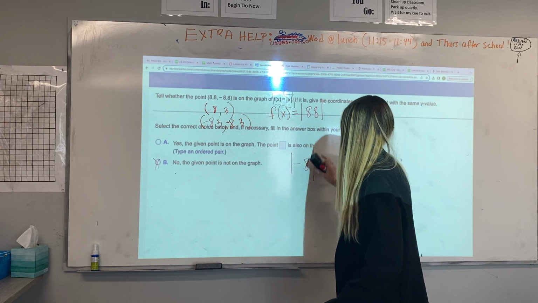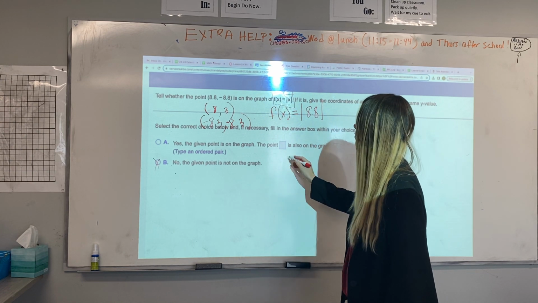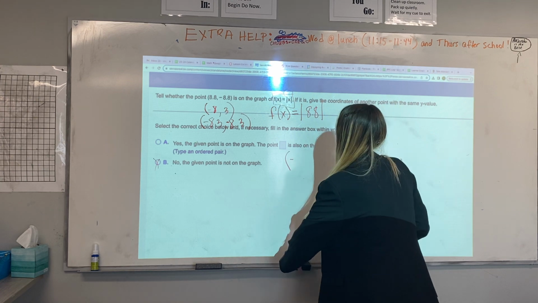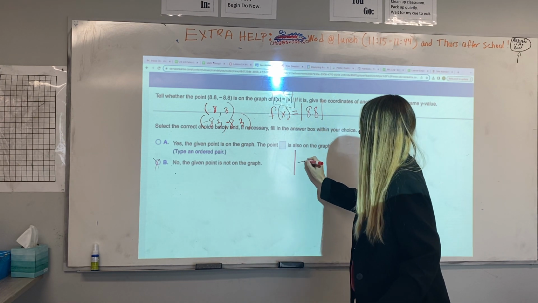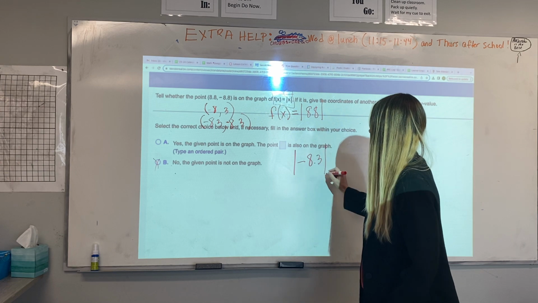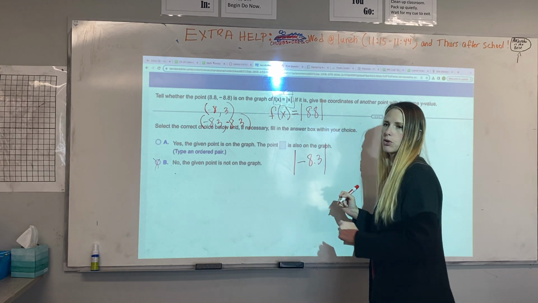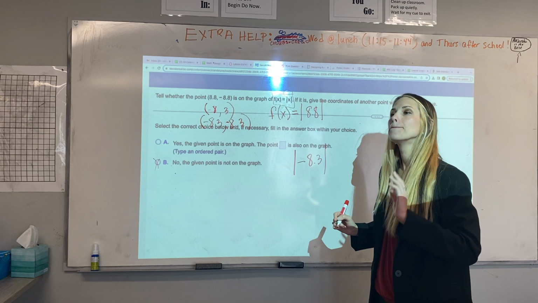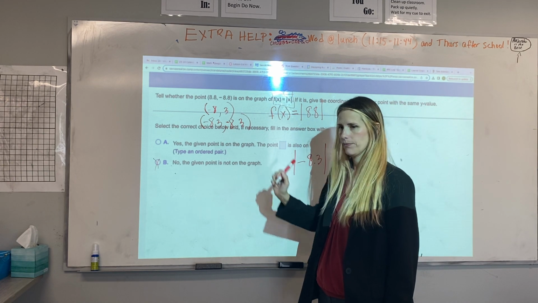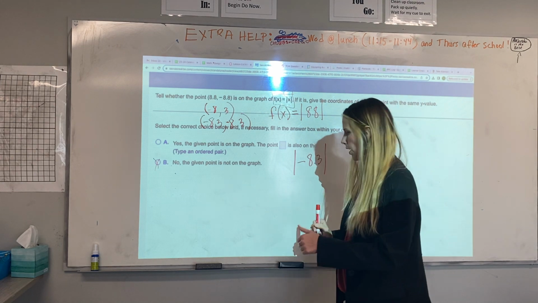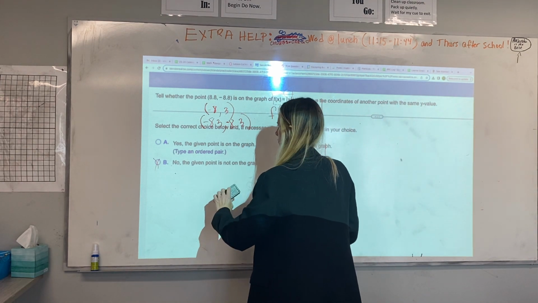So let's try this again. If our input, -8.3, gets absolute valued, what comes out? Positive. So is this a possible point? No. Did that answer your question? Yeah. Okay. So it's still B? Correct.